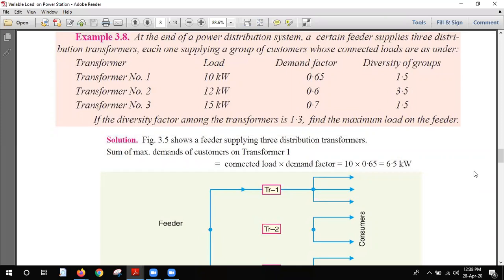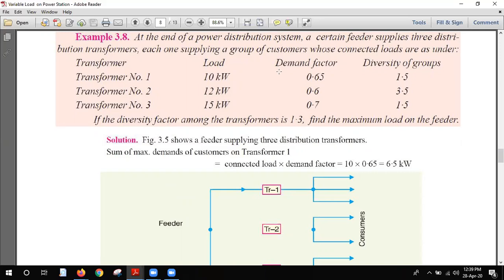So at first, just read with me. The question was: at the end of a power distribution system, a certain feeder supplies 3 distribution transformers. You know that the feeder is the distribution line, because you have already studied transmission and distribution of electric power. Feeder is that electric line that goes from the distribution substation for distribution.